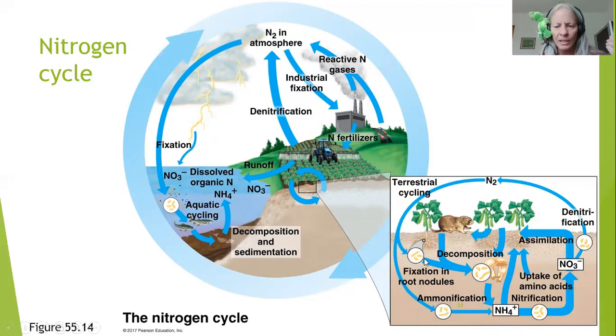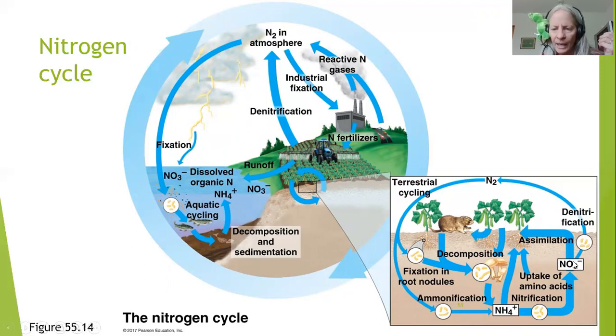Nitrogen fixing bacteria that fix nitrogen into ammonium, different kinds of bacteria that perform decomposition, ammonifying bacteria. I think the ammonification actually goes with this arrow that's connecting the fungi down to here. And then nitrification that converts ammonium ions into nitrites and nitrates.